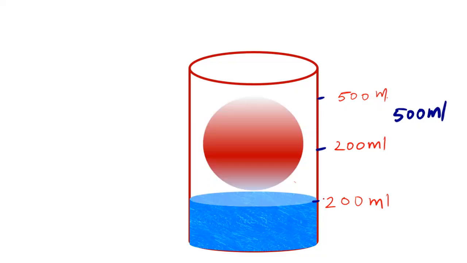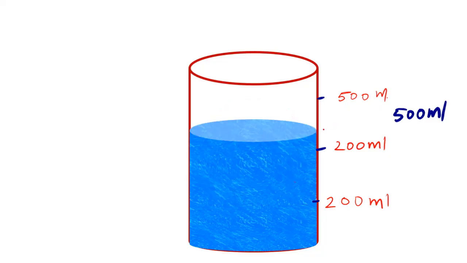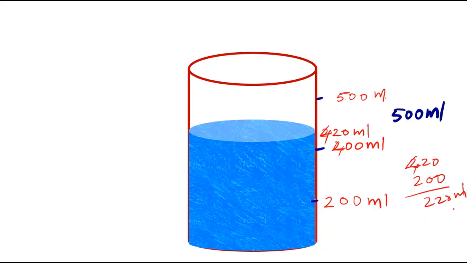If I go back, it was 200 ml luckily. Now it is around 220 ml, suppose. Sorry, this is 400, so this will be 420. 420 ml minus 200 ml, which is 220 ml, is the measurement we are getting.